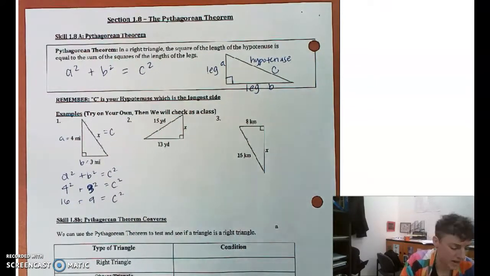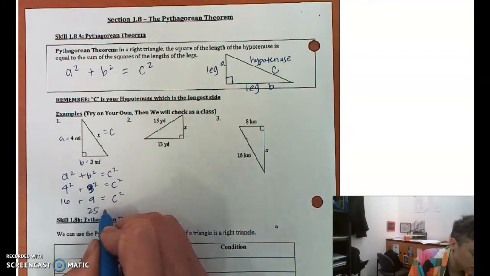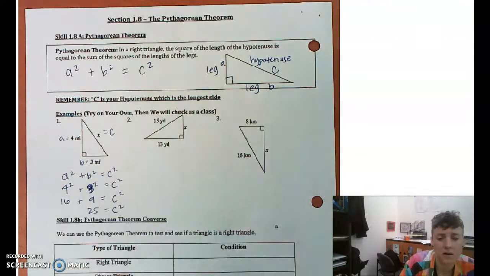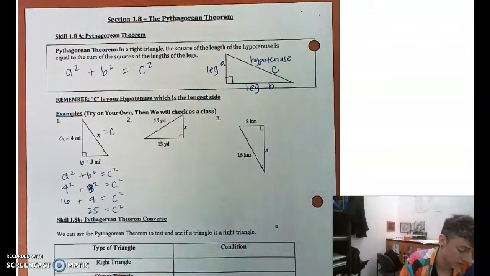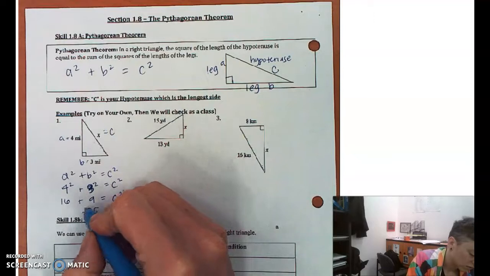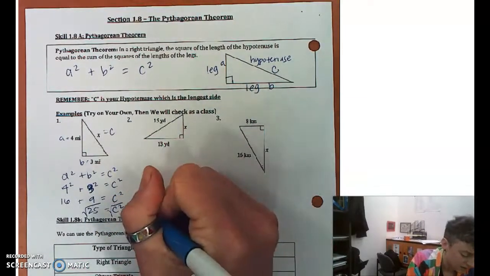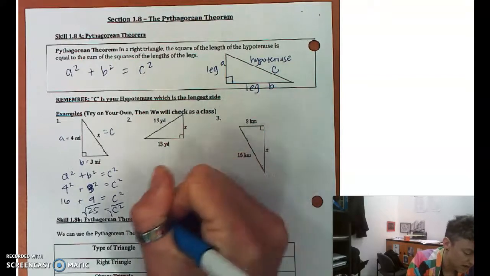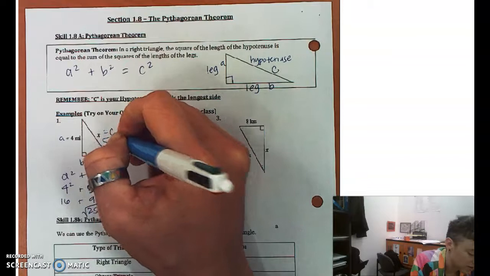So let's add those up. 16 plus 9 is 25, is C squared. We're almost there. We want regular C though. We don't want C squared. So we're going to square root both sides, and we will get C equals 5. So x is 5 miles.